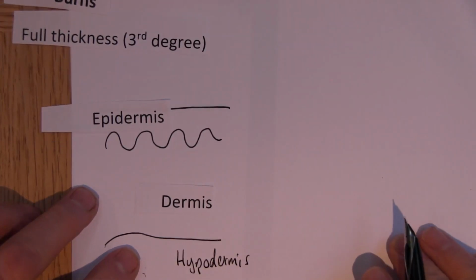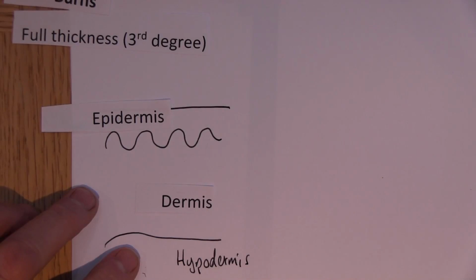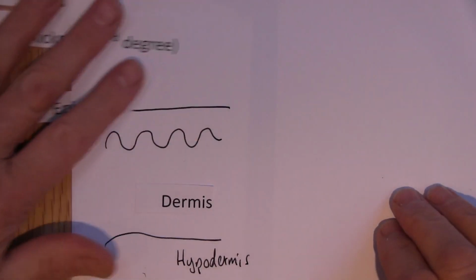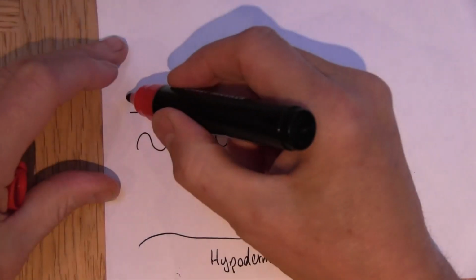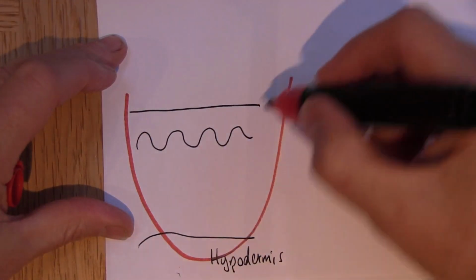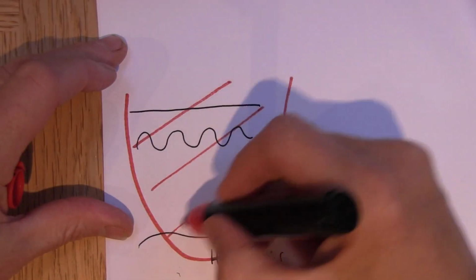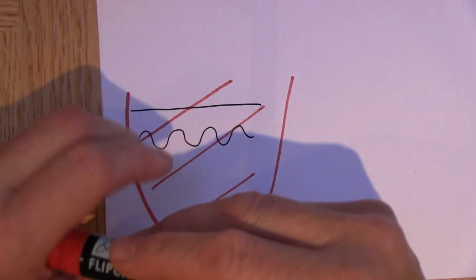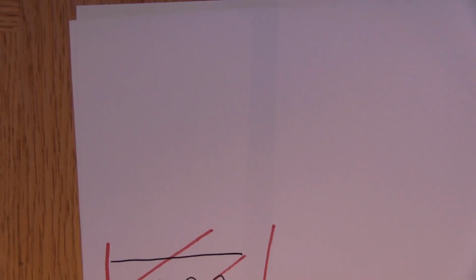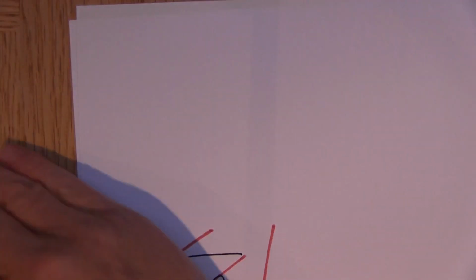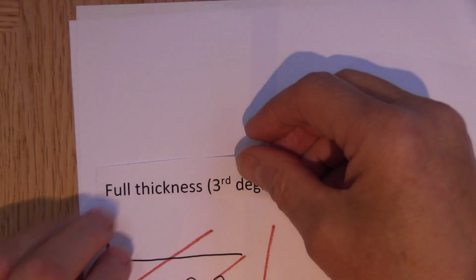The subcutaneous tissues below the skin. Now in a full thickness burn, all the thickness of the skin is lost. So all of this is lost, the totality of the skin. All of the epidermis, all of the dermis, all lost. They are full thickness burns.